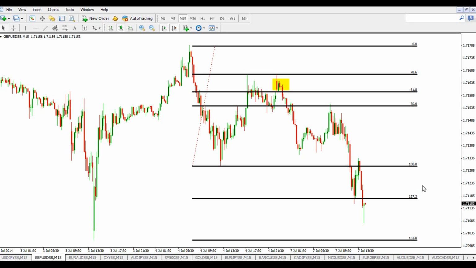You don't need to start trading the other way. And for even more emphasis on how good Fibonacci numbers are, look at this last region here. You can see 161.8 lines up very well with this particular region from a couple of days ago. So it isn't by mistake that these levels are being picked up. That's something you need to bear in mind.